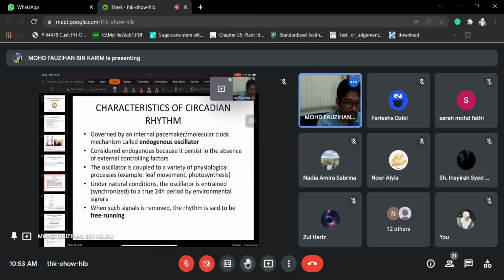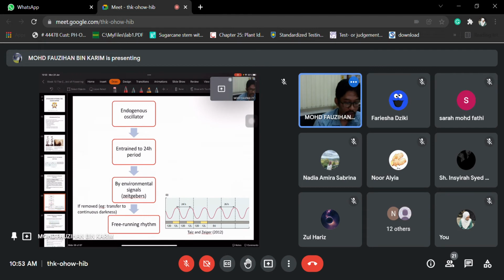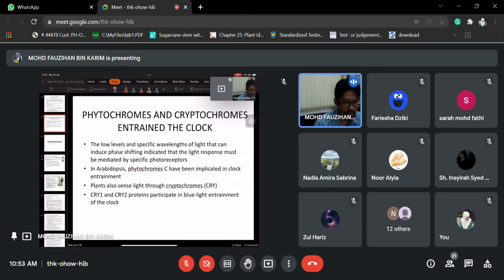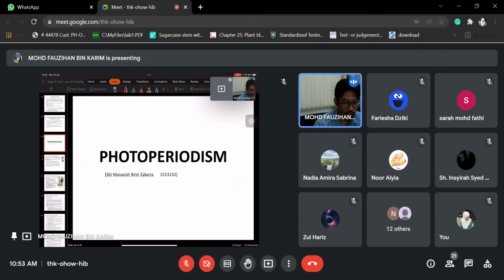Alright. Kalau natural condition, oscillators strange to a true 24 hours by environmental signals. Kalau signal is removed, it's free running like that. Okay, so this one it's okay, don't have to go for more details. So circadian clock is like that.